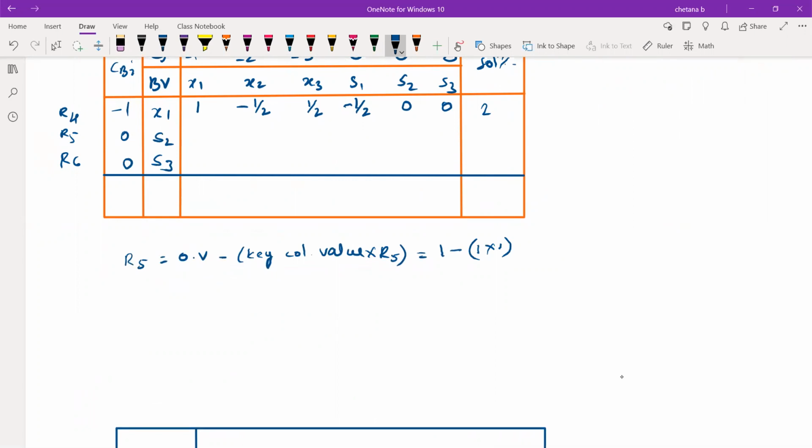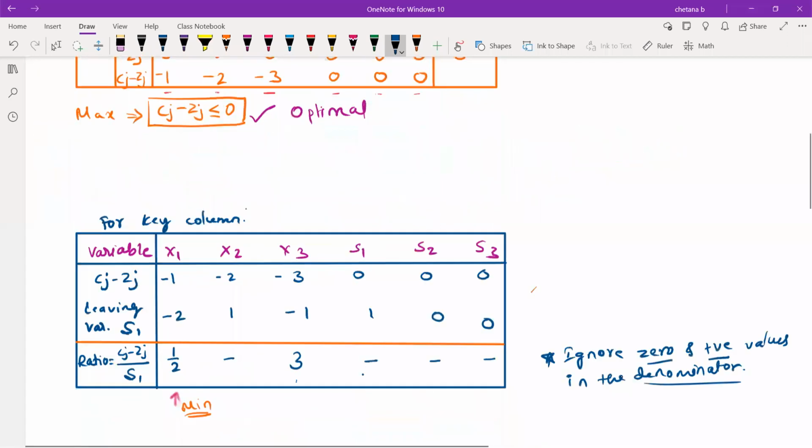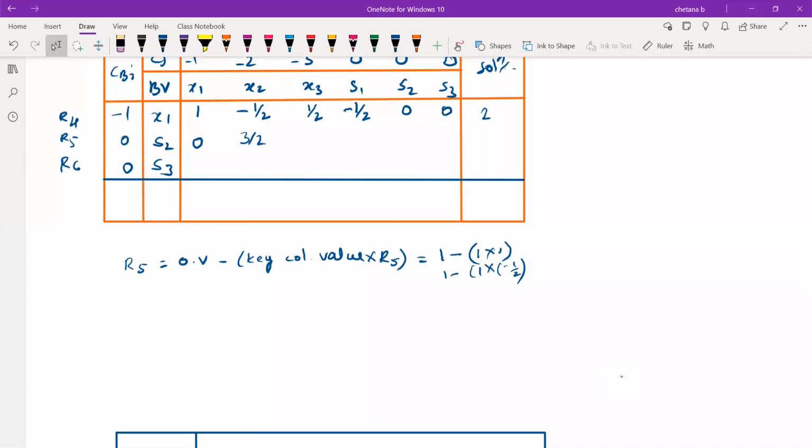So 1 minus 1 is 0. Similarly, the old value is 1 again, minus key column value 1, times minus 1 by 2. So 3 by 2. Similarly, I'll write all the values because you are familiar with these calculations: 1 by 2, 1, 0, 6.